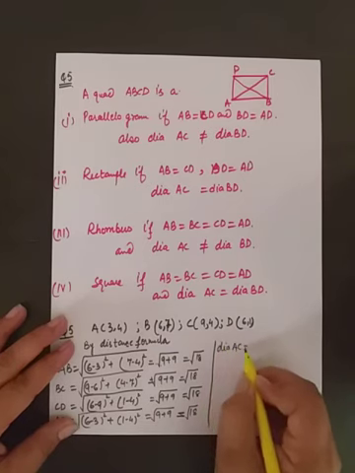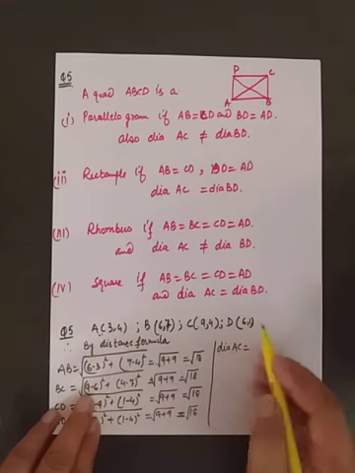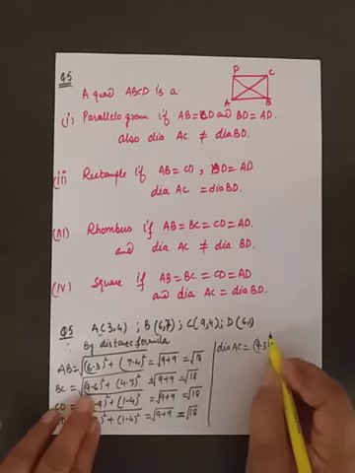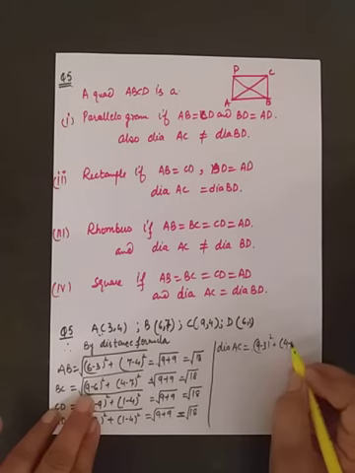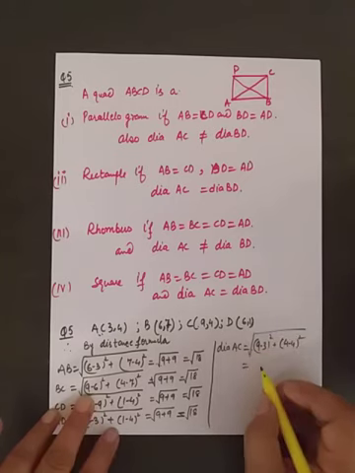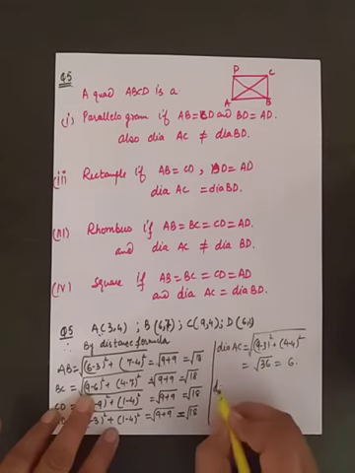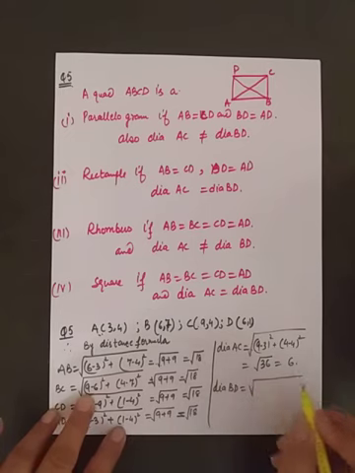So for diagonal AC, we have to find the distance between the points A and C. So we can write (9 minus 3) square plus (4 minus 4) square. And when we solve it, we will get 6 square. This will be 36, and root 36 is 6. Similarly, the length of diagonal BD will be (6 minus 6) square plus (1 minus 7) square.